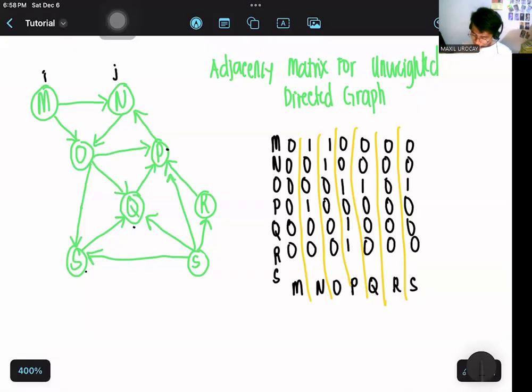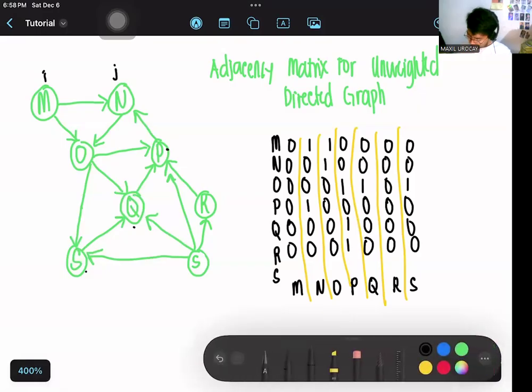And then for your S, where is it adjacent? Actually, I'm so sorry. In terms of this one, there will be two S.